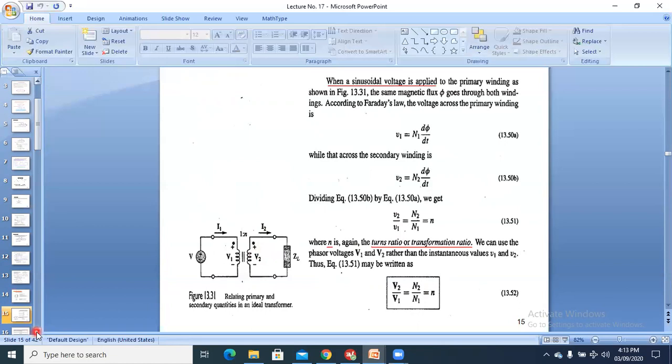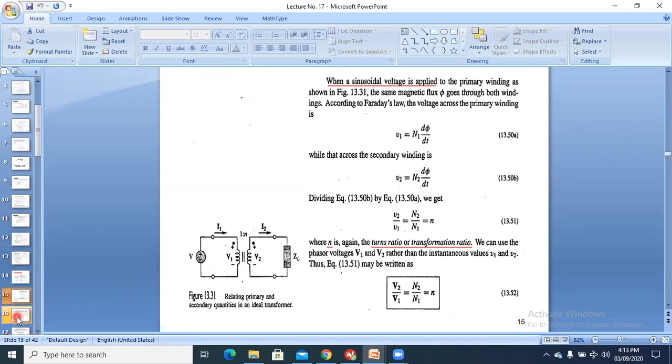So it means that if there are more turns at the secondary side, there is more voltage at the secondary side, and if there are more turns at the primary side, there is more voltage at the primary side.